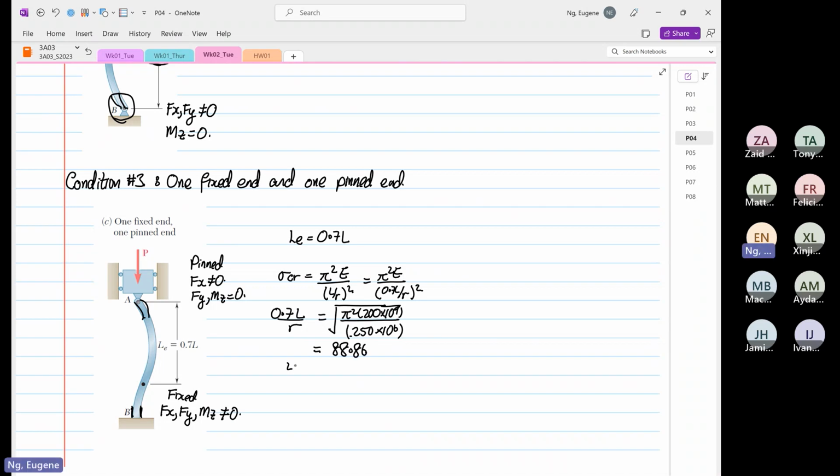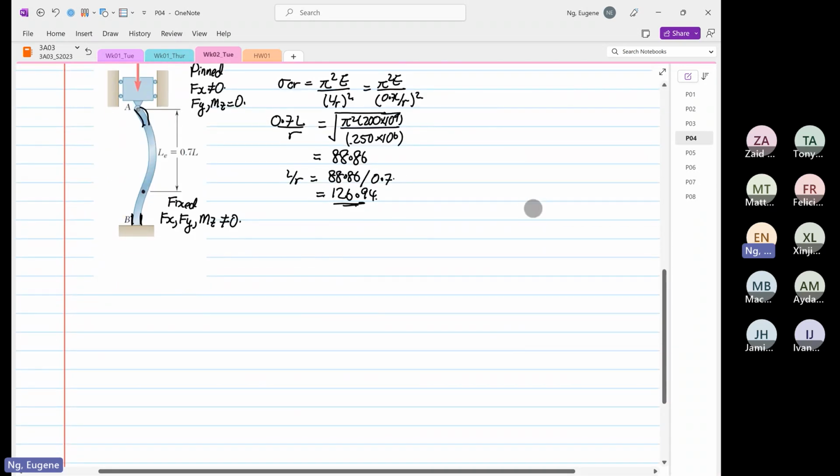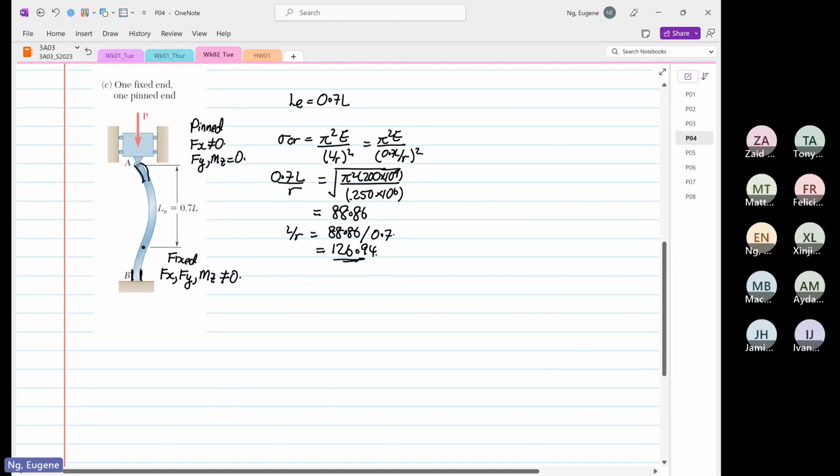So the L over R over here is 88.86 divided by 0.7. So our L over R now increased to 126.94. Okay, so it's more resistant to what? To buckling, basically.